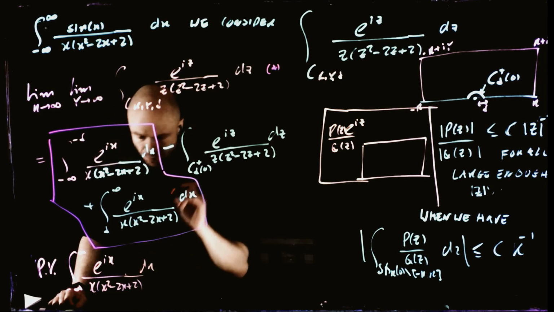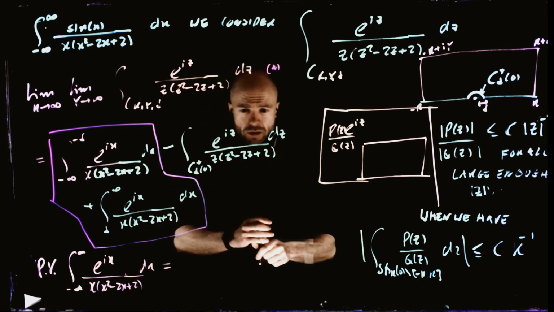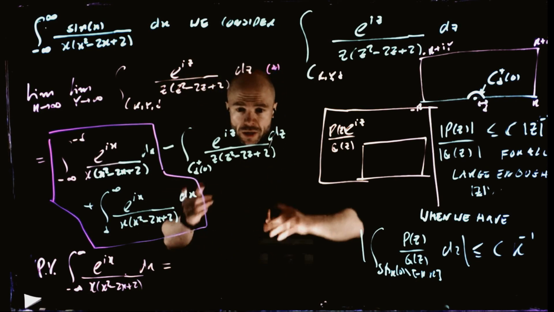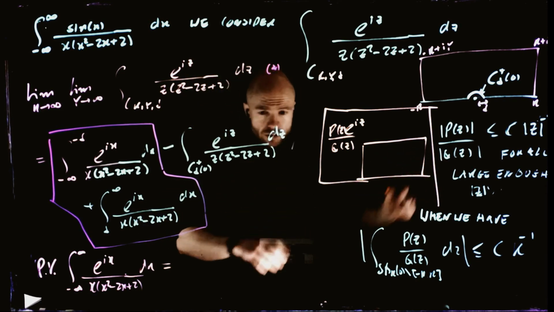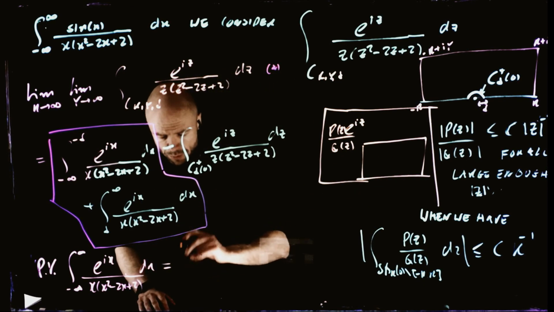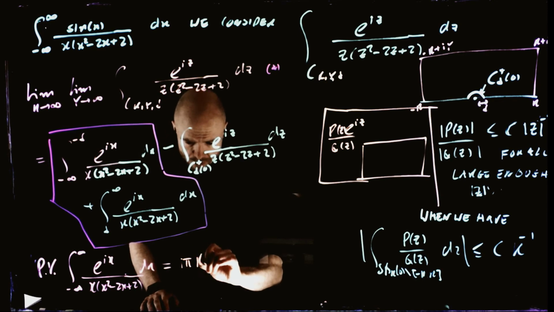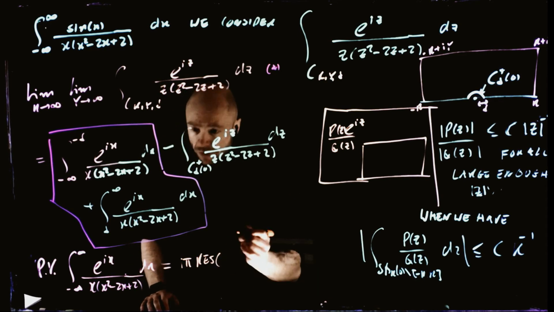This thing is now on the other side. And we also know in the limit as delta goes to 0 that this is actually going to be just half of the residue at that point. So this is going to be i times pi, the residue of our function.